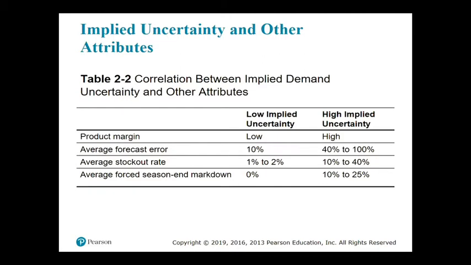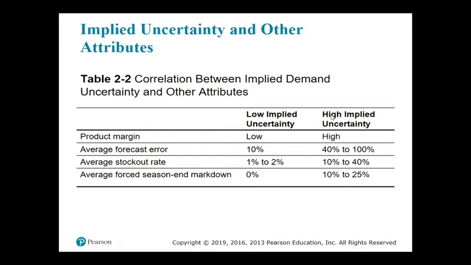So now we talked about the correlations between other attributes of products and demand uncertainty. In general, if we see the demand of a product having low uncertainty, then it generally corresponds to products that have a lower profit margin.